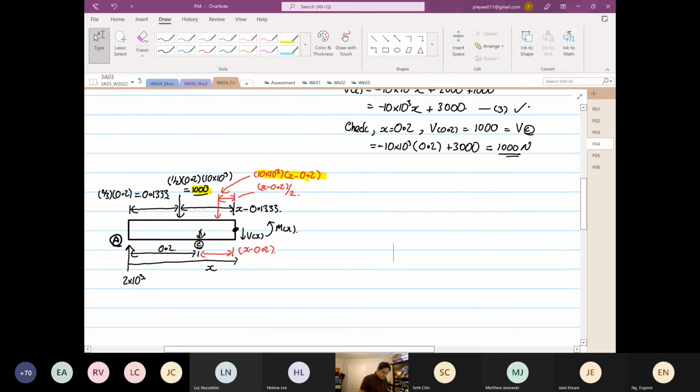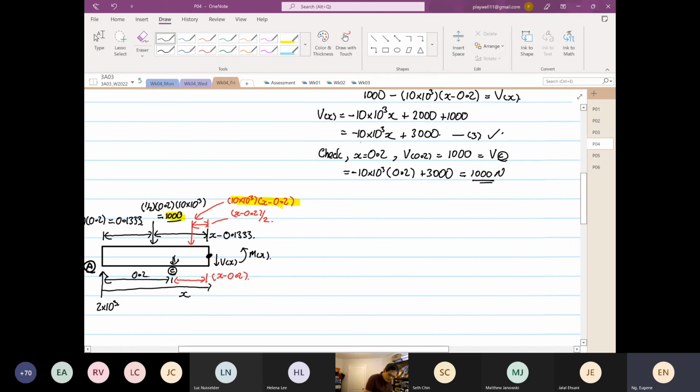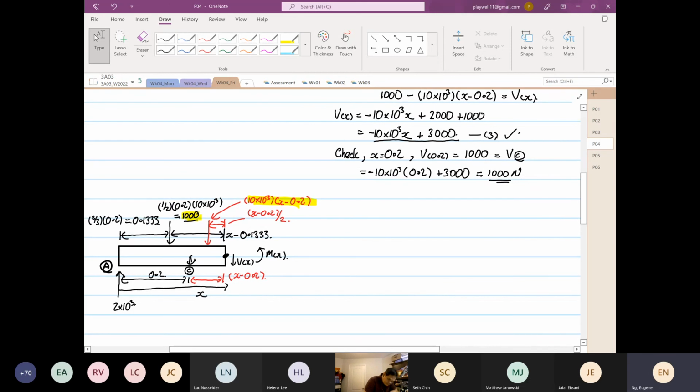Now, if we look at our shear force equation, it is a linear equation and it has a negative slope. So now we are going to do summation of moment in the z-axis at point x. This is where we are going to take our moment from, the dot which I highlight.